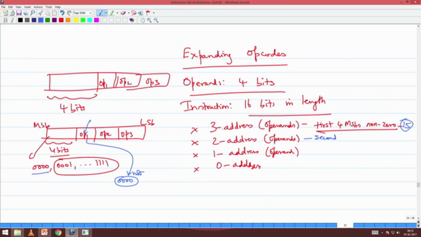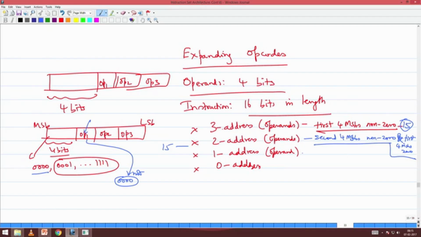Second 4 MSBs non-zero and first 4 MSBs 0. So how many will I have here? I will have 15 of them, correct?